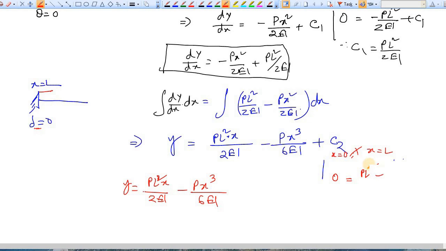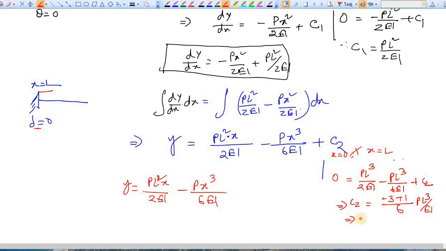into L, so it becomes PL cube divided by 2EI minus PL cube divided by 6EI plus C2, or C2 becomes, this is 6, this is minus 3, and this is minus plus 1, PL cube by EI.